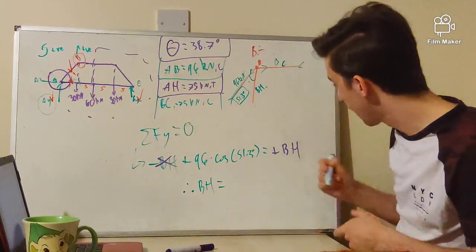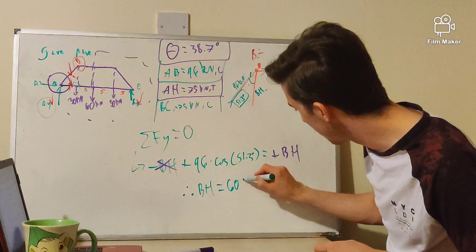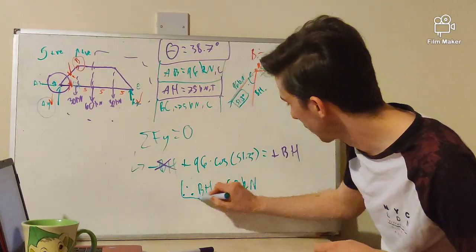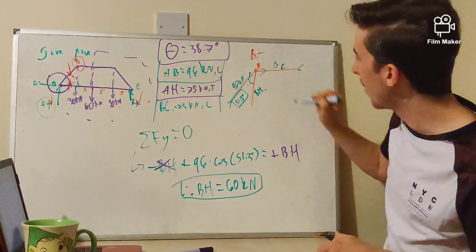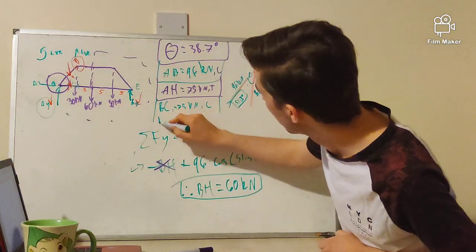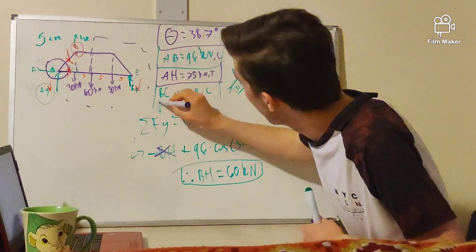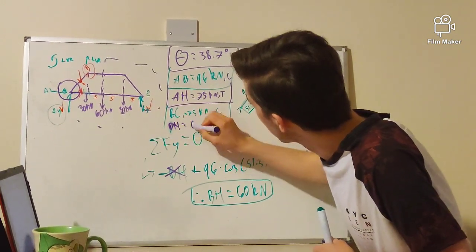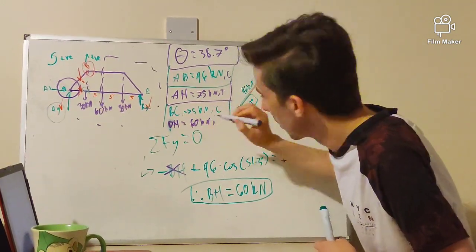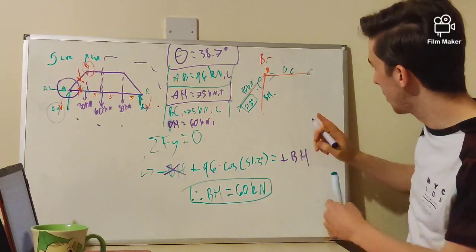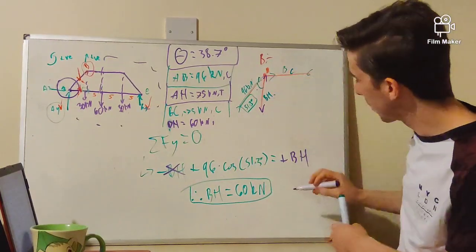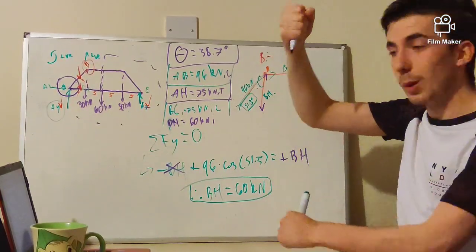Great, so BH is 60 kilonewtons. So now we know that one. BH equals 60 kilonewtons, and it's going to be acting that way, so it's going to be in tension because we're going to be pulling it apart.